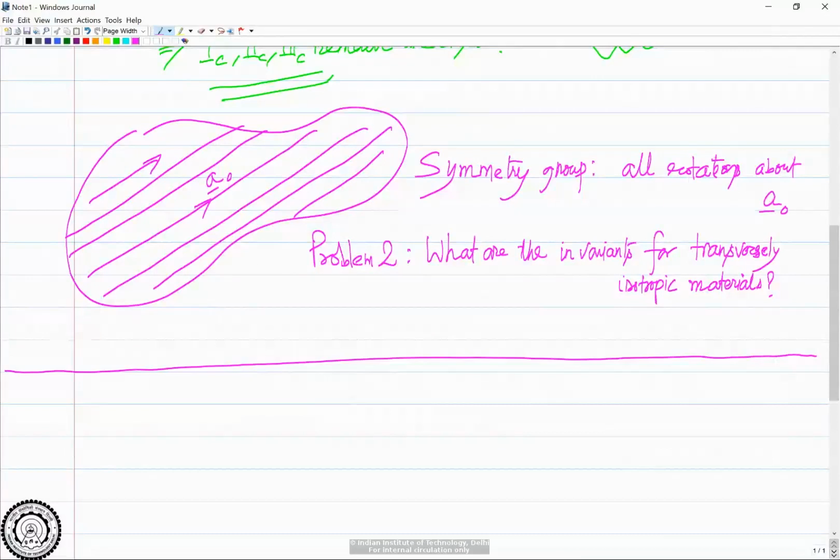Before we start talking about the expression of stress, let me also talk about different measures of stress. We have till now learned about two measures of stress, one is the Cauchy stress tensor and then the first Piola-Kirchhoff stress tensor. But there are many more. So let us talk about them.